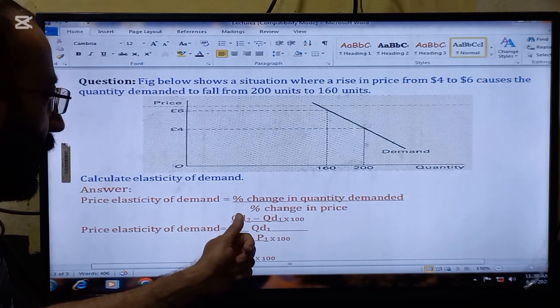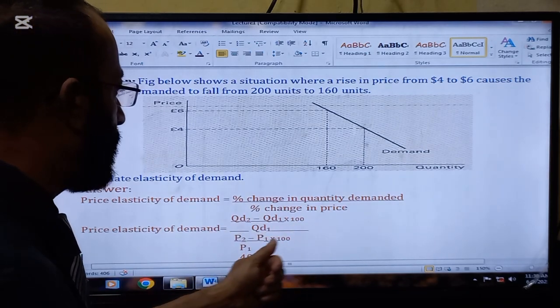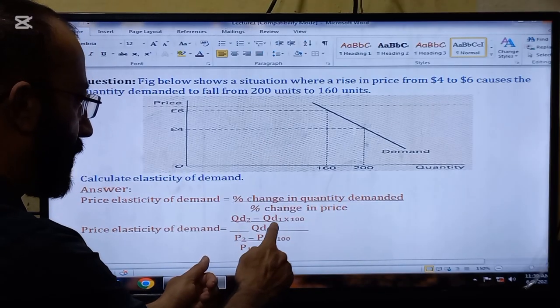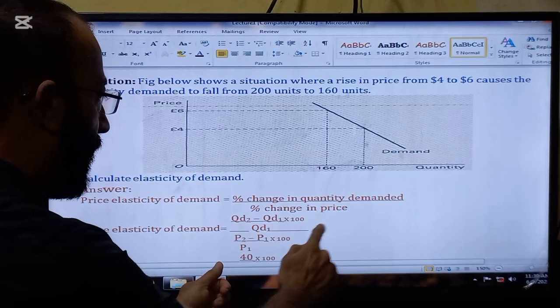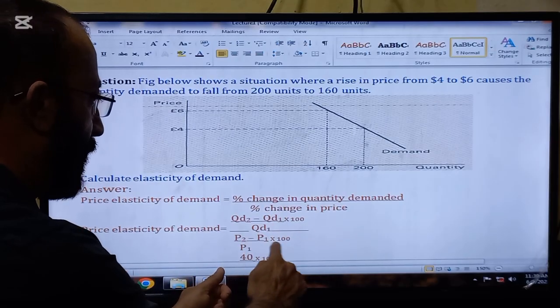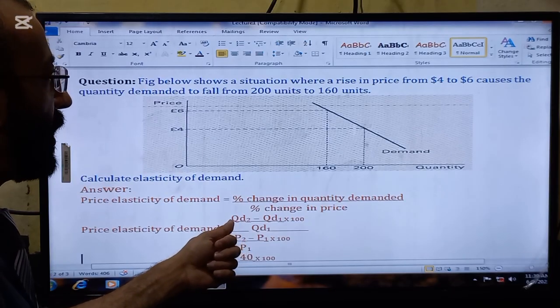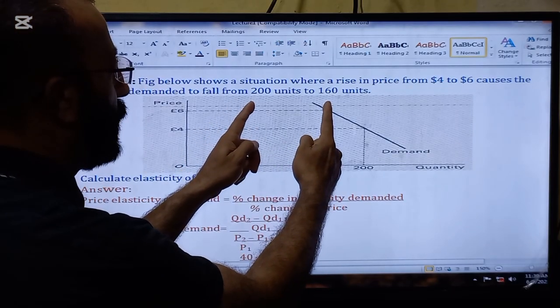First, write the formula, that is percentage change in quantity demanded over percentage change in price. The formula for the percentage change in quantity demanded is QD2 minus QD1 over QD1 multiplied by 100, and the percentage change in price formula is P2 minus P1 over P1 multiplied by 100. Now, in the numerator we have quantities. The change in the quantities is 40.